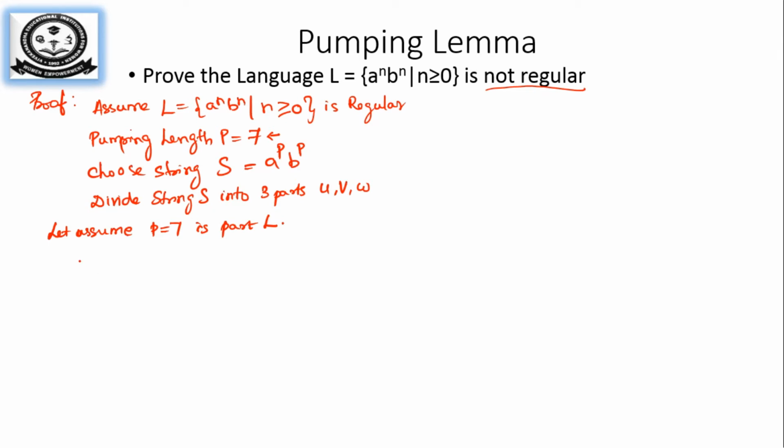If there are 7 a's, then you will have 7 b's also. So we'll write it out.